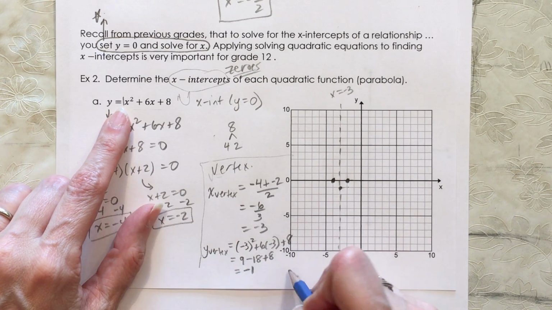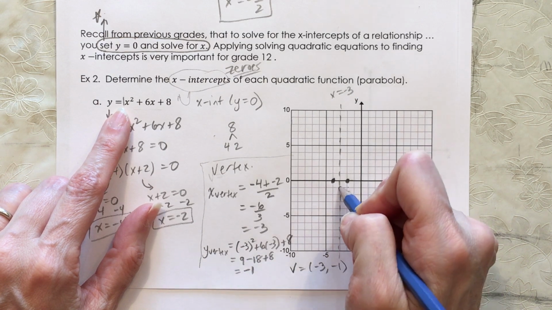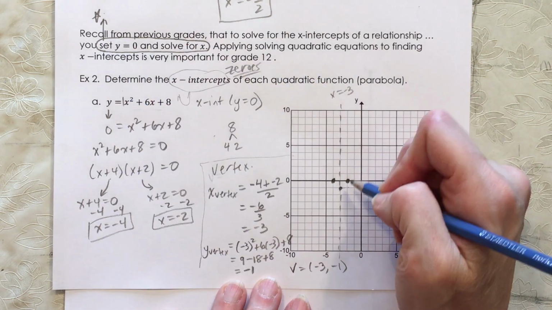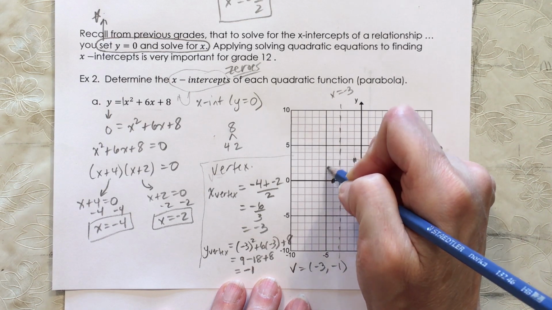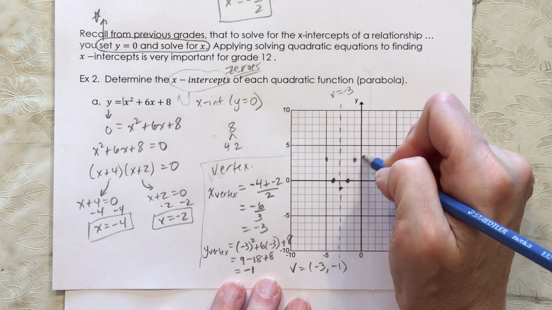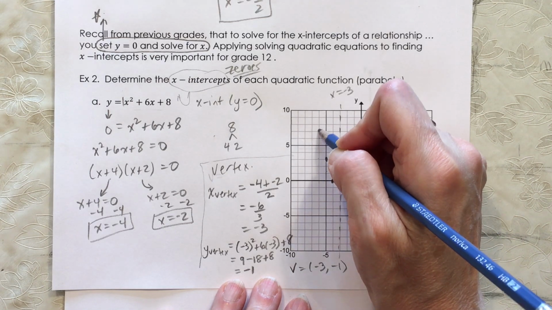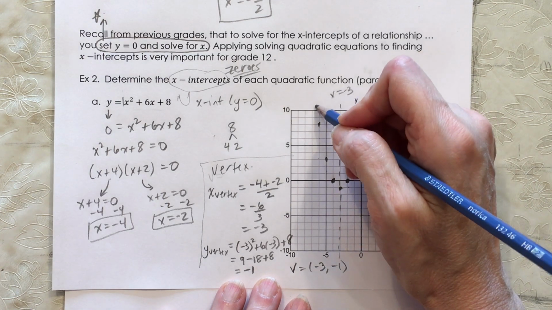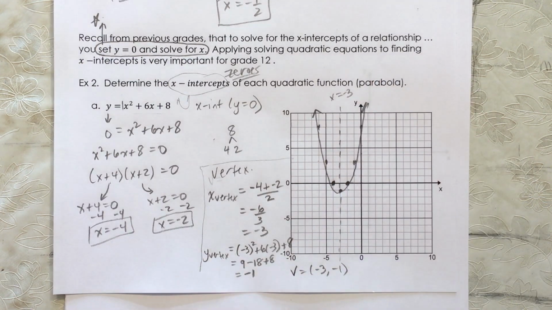So we've figured out then that the vertex is -3, -1, which is what we kind of predicted when we knew the step number. And that step number being 1, we can continue on. So over 1 up 1, over 1 up 3, over 1 up 5, and we've got our nice parabola drawn in. Okay?